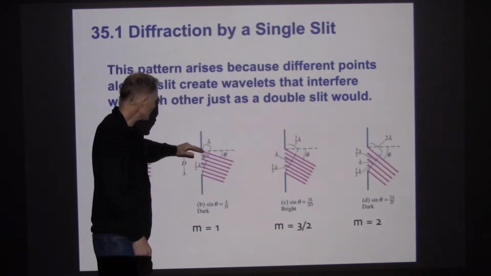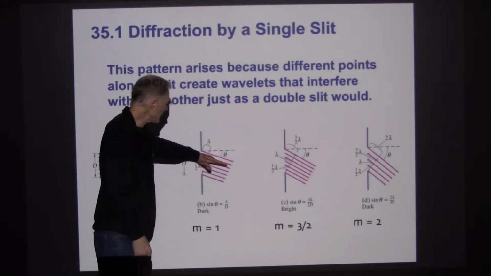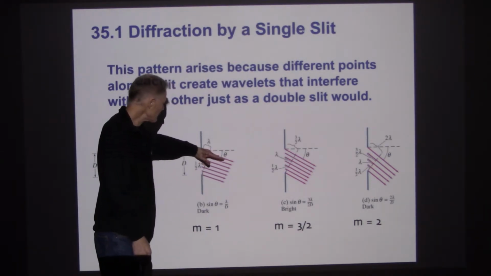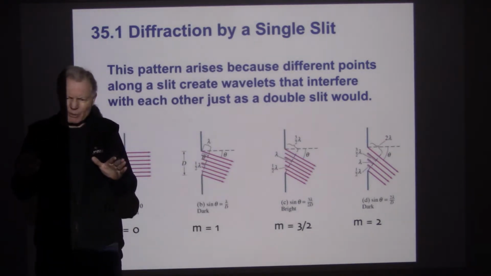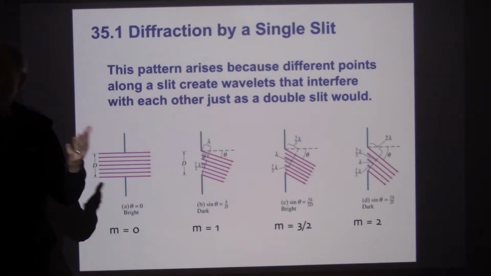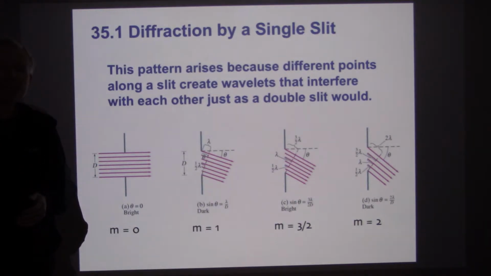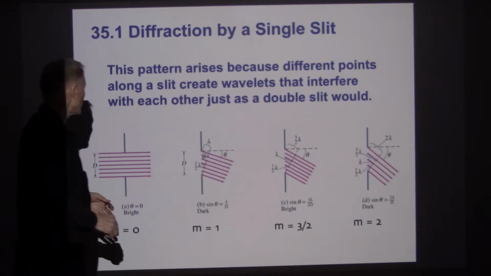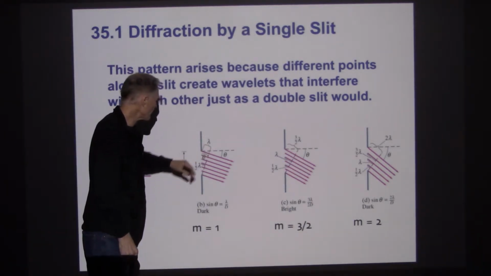So what we have to consider is, there's a path here and here and here, and each path is just a little different in phase than the path right next to it. So we have to take into account all of those infinitesimal path length differences that occur from one path to the next.